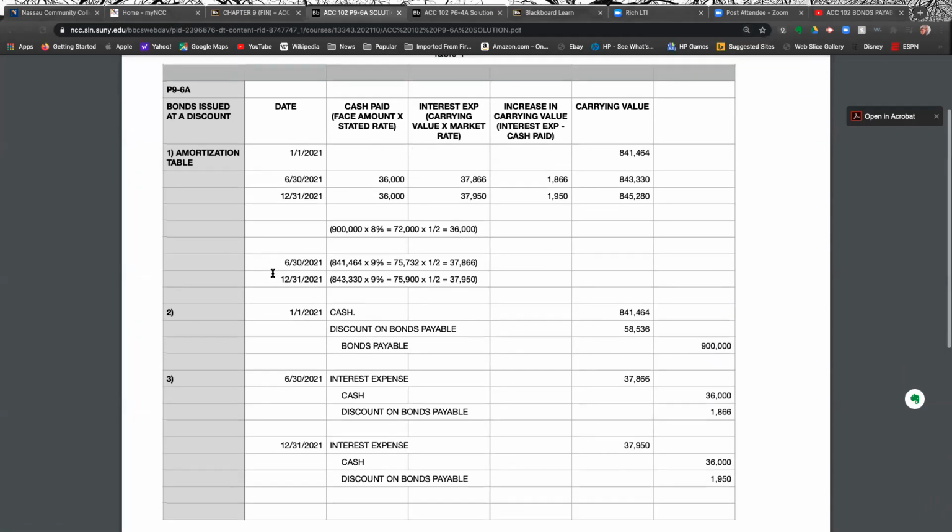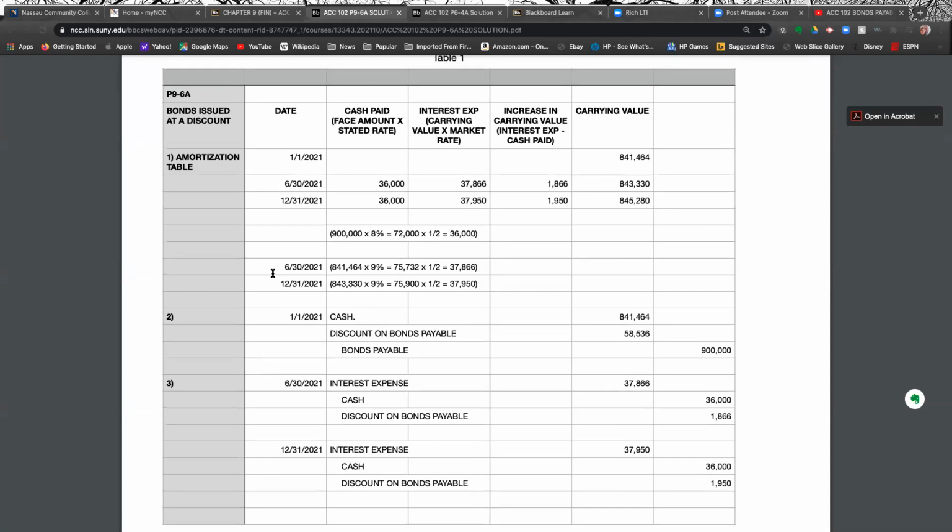This is problem 9-6A, also on page 481. So let's see if we can go over this together.